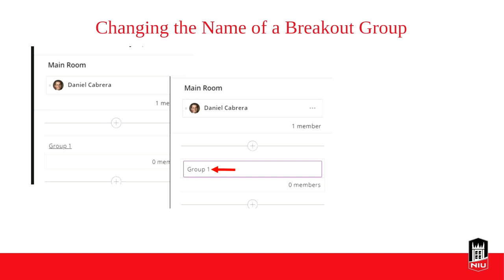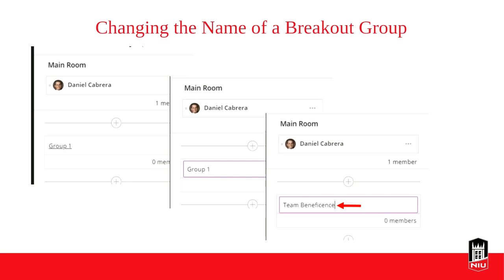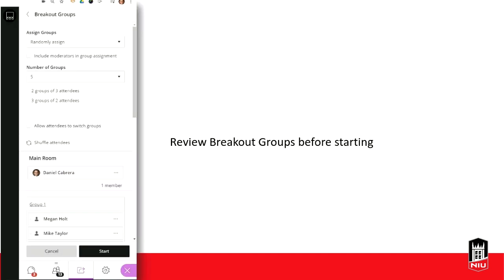For instance, in my own course, I have team beneficence, team commitment, team compassion. So I might actually create the groups and have them labeled like this. Unfortunately, they don't stay. Once you leave the session, they all disappear. But you can do this and give more meaning to participation in groups.